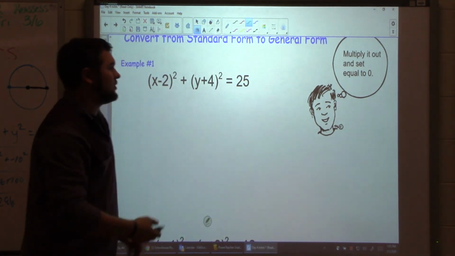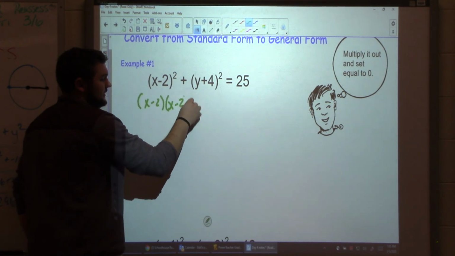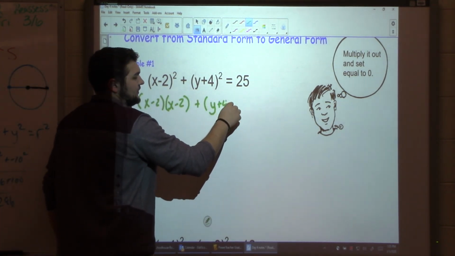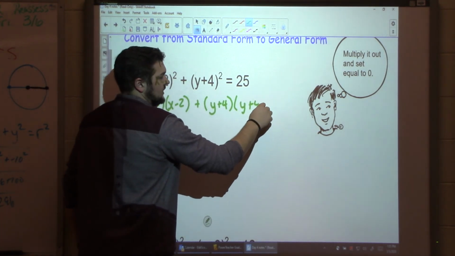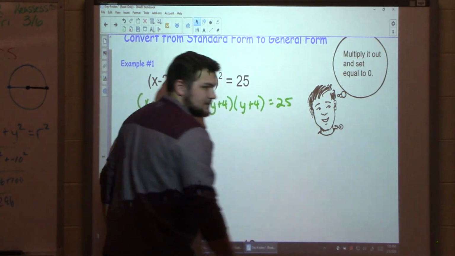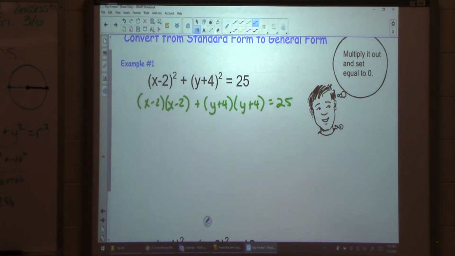So the first thing I'm going to do is rewrite it, because I like to see them next to each other before I try and FOIL them. So (x - 2)(x - 2) + (y + 4)(y + 4) = 25. I like to write it out because I like to be able to visualize it when I FOIL. Do you have to? Absolutely not, but it's a good idea.